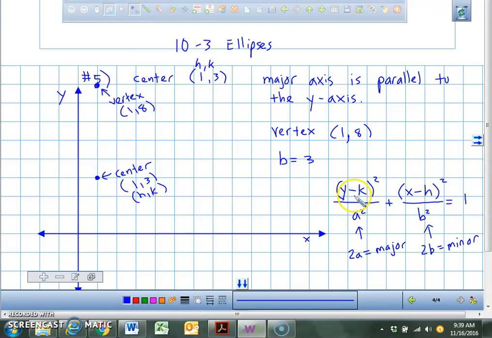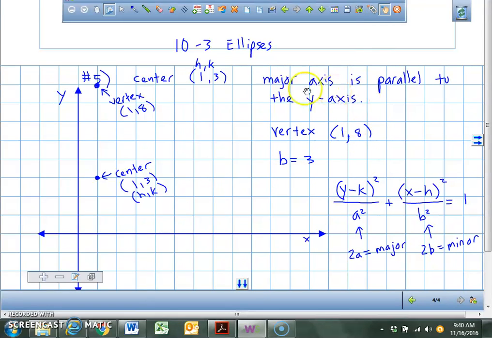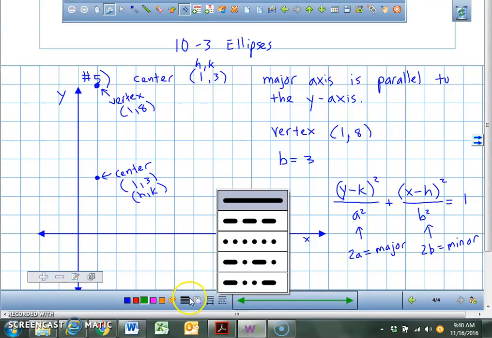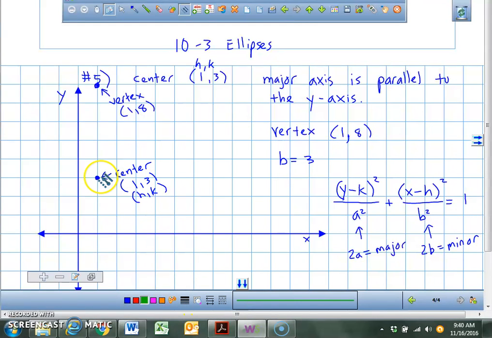Now, why do I know we're using this formula? Because if it says the major axis is parallel to the y-axis, we're going to be going more up and down than we are going to be going side to side. Okay? So right now, what I want you to do is make a connection from the center to your vertex right there.